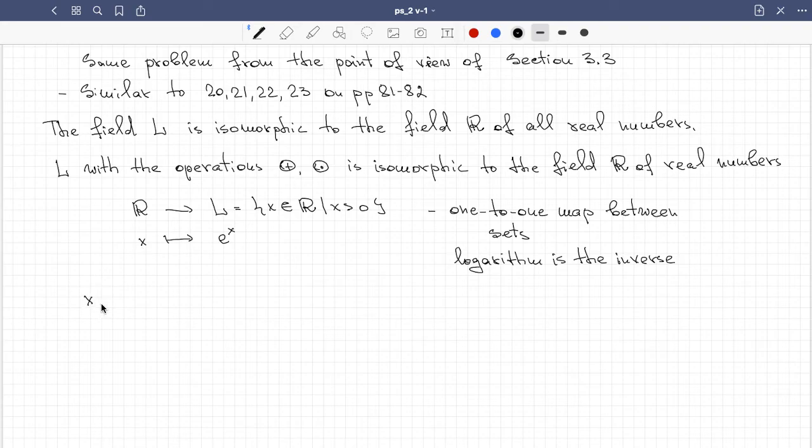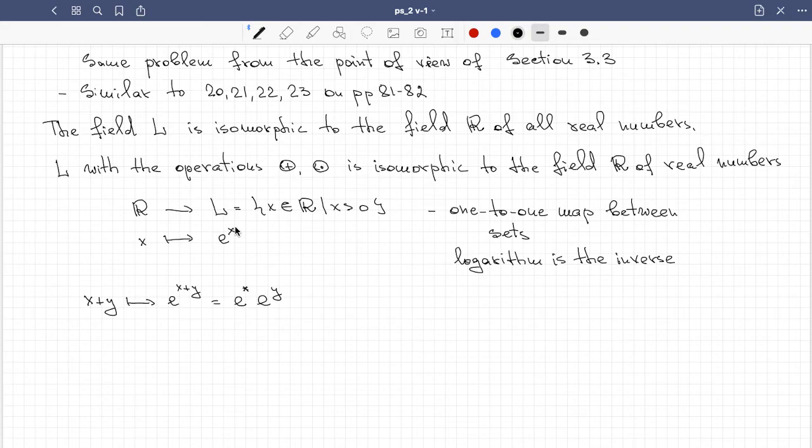We take a sum of two real numbers, x plus y, and map that to the exponent of x plus y, which is, of course, the exponent of x times the exponent of y, which is the addition here. The elements here are labeled by e to the x.